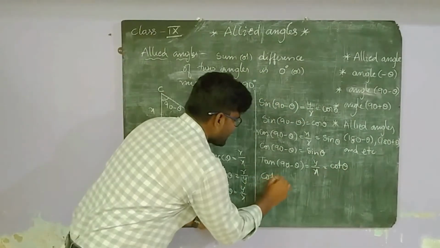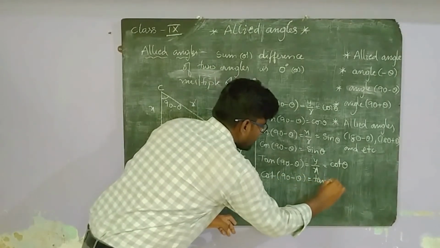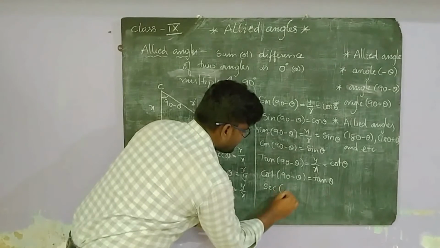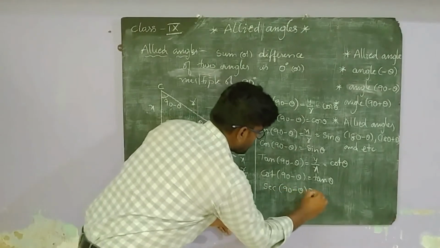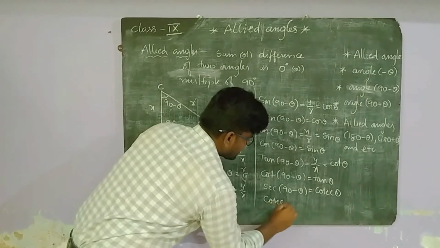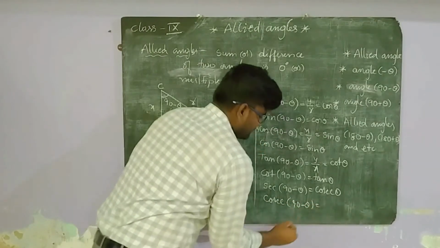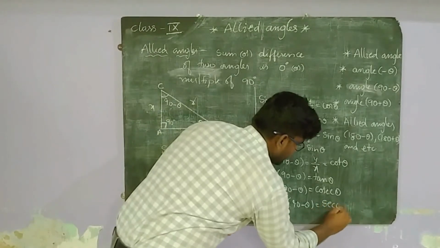Similarly, cot 90 minus theta gives tan theta, secant 90 minus theta gives cosecant theta, and cosecant 90 minus theta gives secant theta. Then what do you observe here?